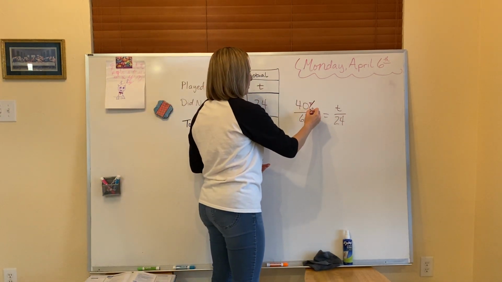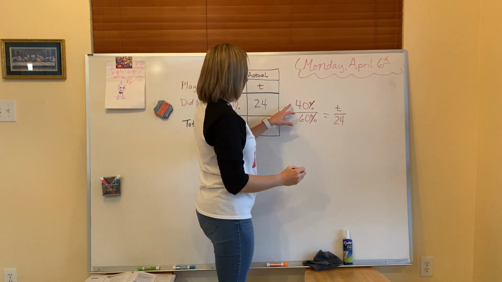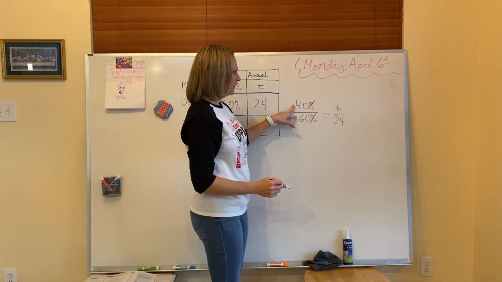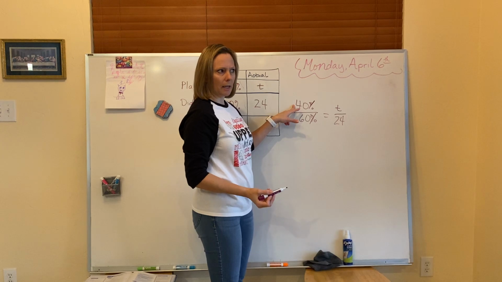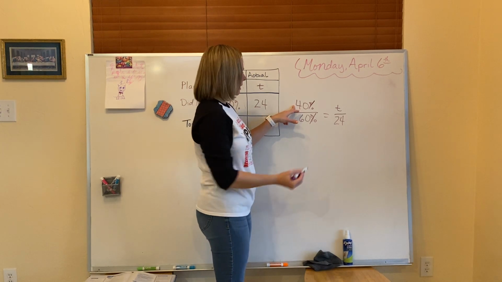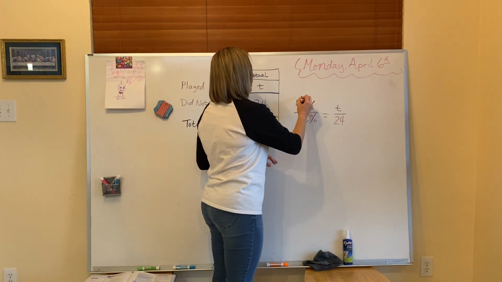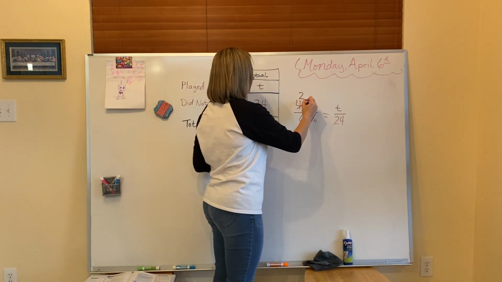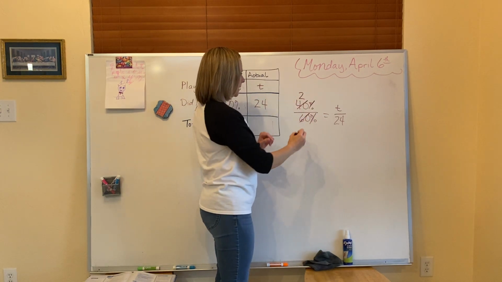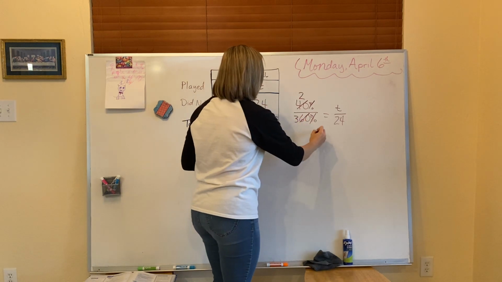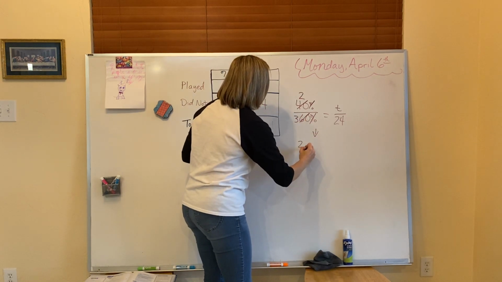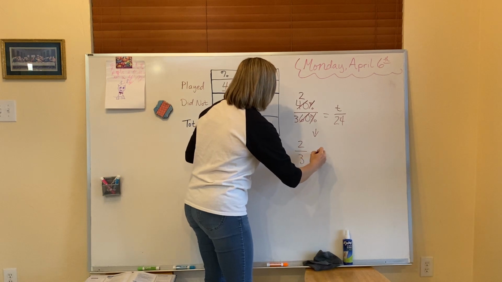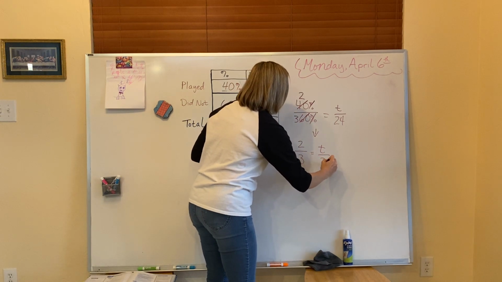Well, we can get rid of the percent signs. We could divide 40 and 60 by 20, right? So 20 goes into 40 2 times. 20 goes into 60 3 times. So now let me clean this up. We have 2 is to 3 as T is to 24.